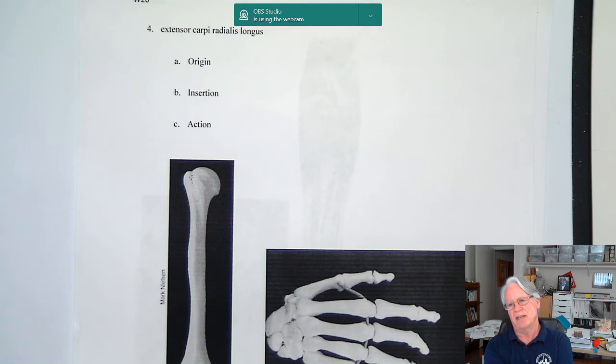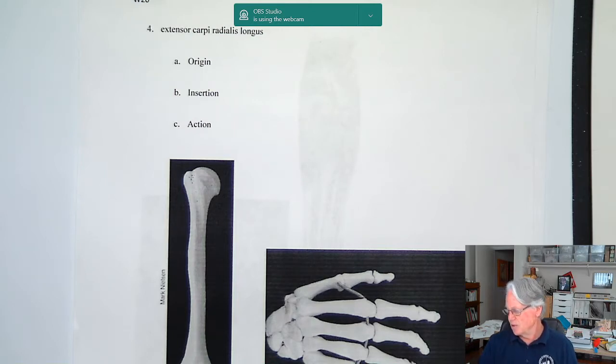When you flex the wrist, you will feel tension on the medial side of the elbow, where muscles tighten. So extensors of the wrist come off the lateral side of the arm, and flexors of the wrist come off the medial side of the arm.